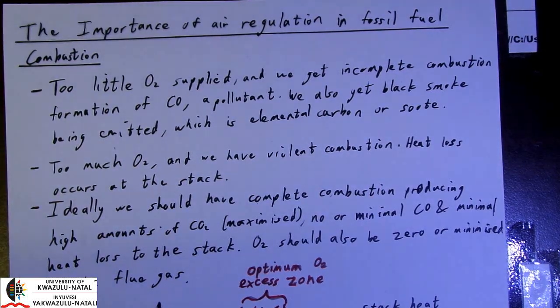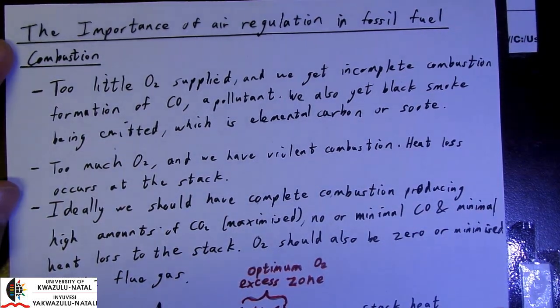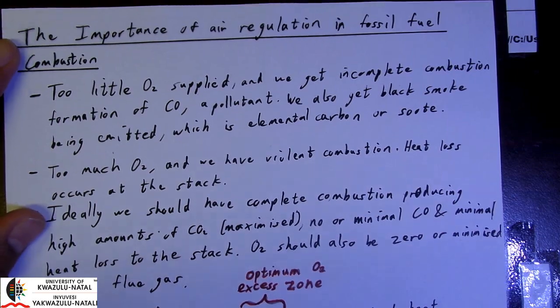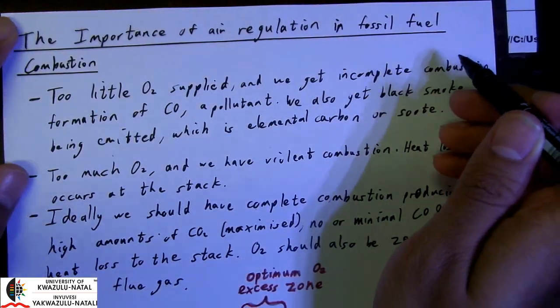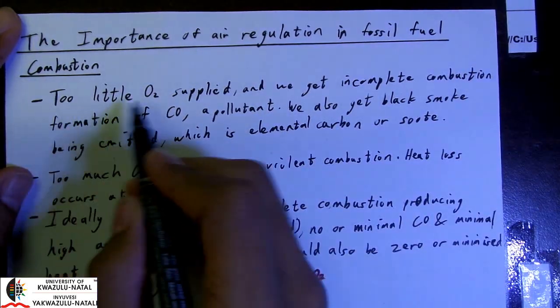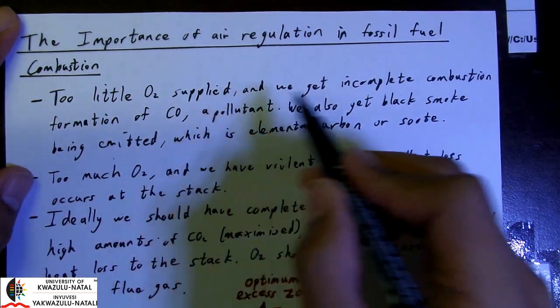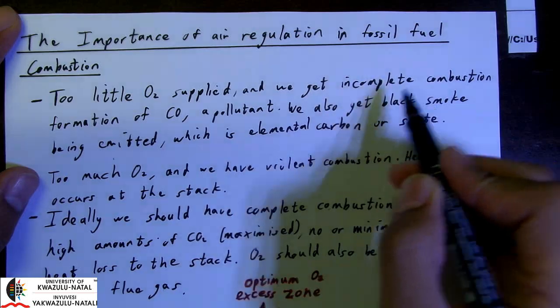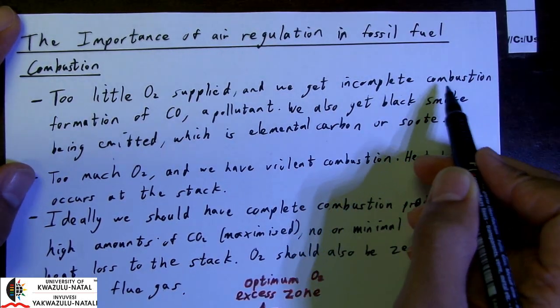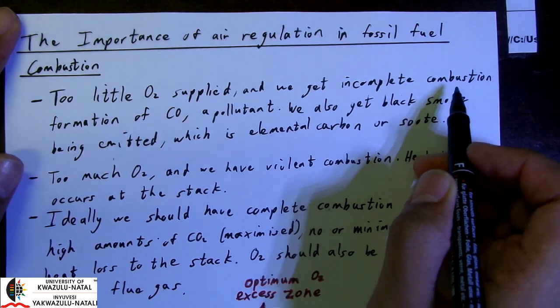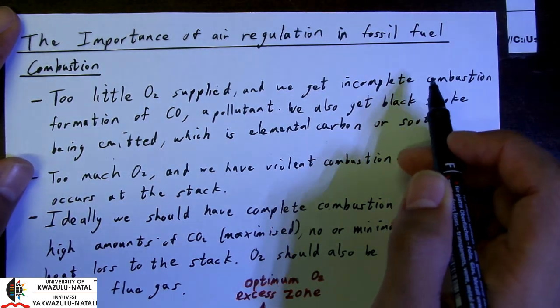Okay, finally, just a re-emphasis on the importance of air regulation in fossil fuel combustion. Recall that if we have too little oxygen supplied, then we of course will get incomplete combustion, and that will result in many gas emissions and polluting issues.